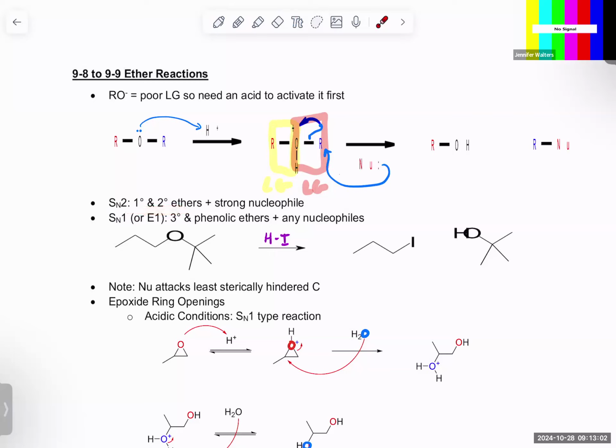So whichever side is attached to the oxygen that only has one carbon attached to it, or two carbons attached to it. For SN1, we're typically looking at the weaker nucleophiles, and you'll want it to be either tertiary, or you're going to have a phenolic ether, meaning you have benzene on one side, so you're going to have to go to the other side.